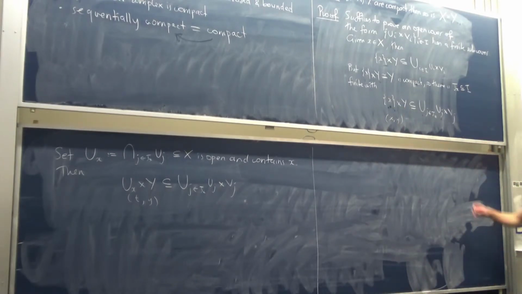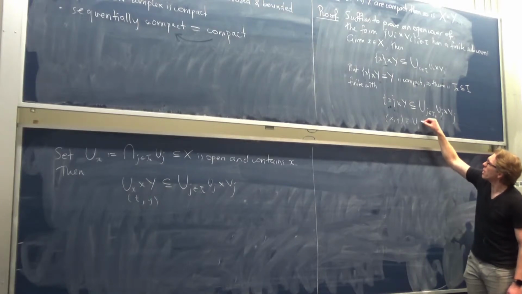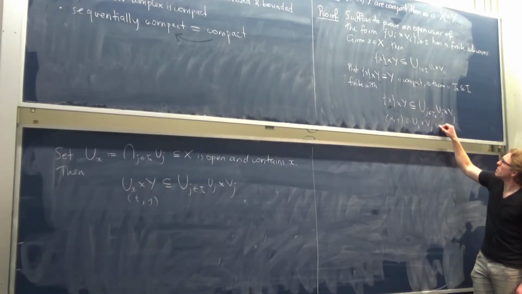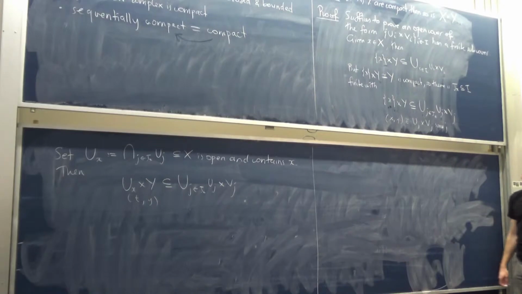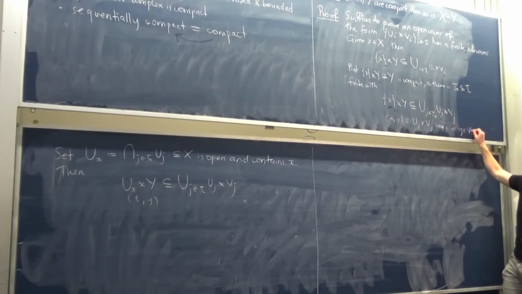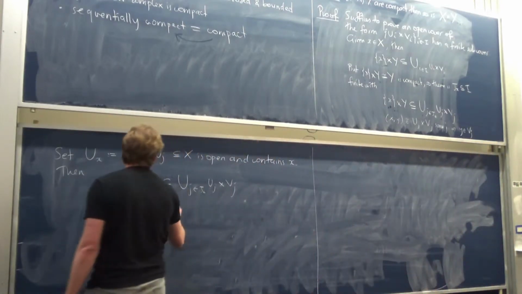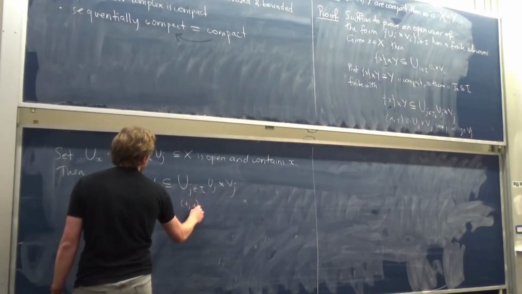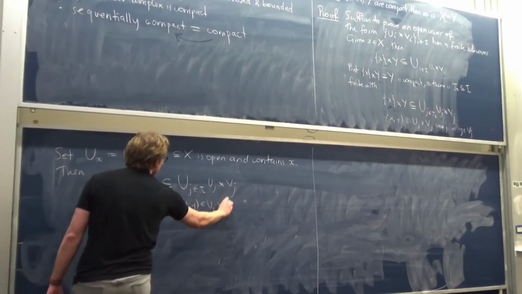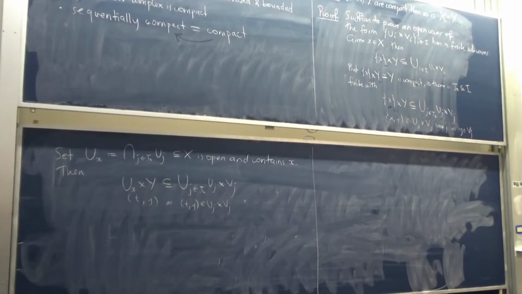Take the same y and look at the pair (x, y). That's on here. And therefore, it belongs to Uj cross Vj for some j. Well, that means that y is in that particular Vj. And while t is in everything, so (t, y) is in the same open set. Okay, so this inclusion holds.